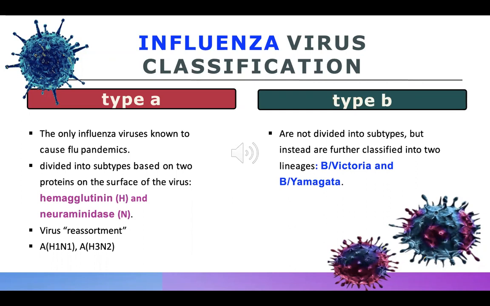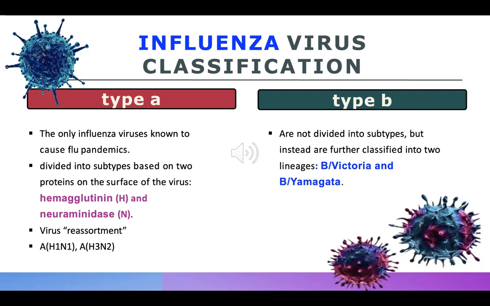So the differences in those glycoproteins, your H and N, are used to subtype the viruses. Now, the good thing about it is that only type A is divided or designated into subtypes. So we don't subtype group B. There are 18 different hemagglutinin types and 11 neuraminidase subtypes.